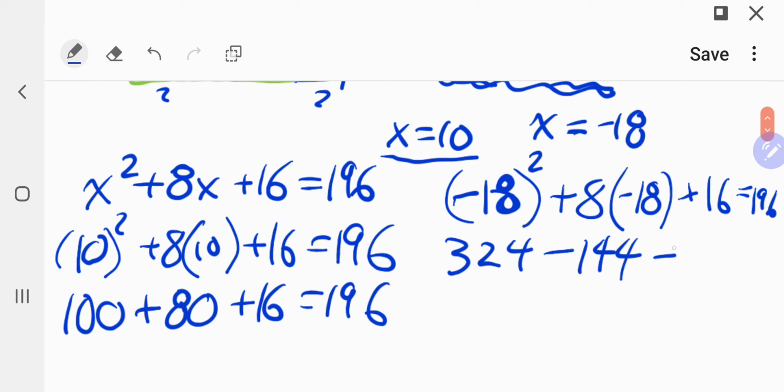Yep. And does this add up to 196? Yes, it does. So there are two answers, and we'll talk more about that later. Okay, so that's intro to factoring.